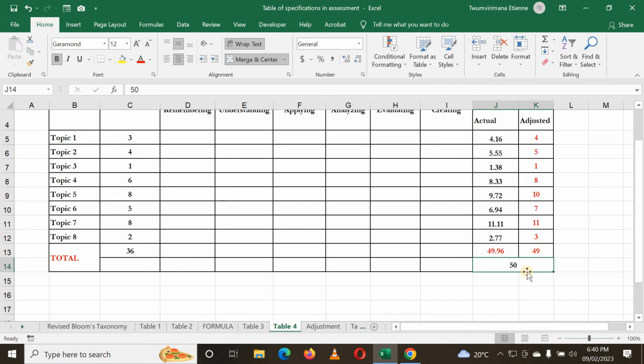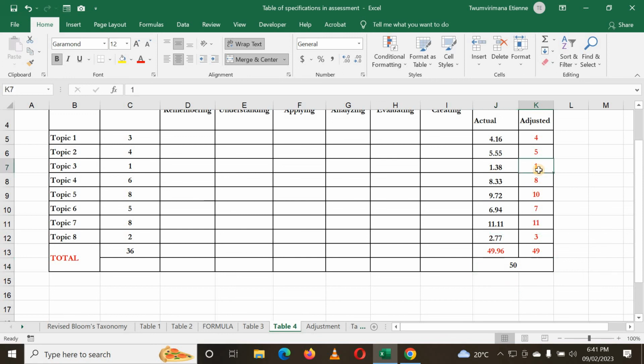What to do next? You just have to adjust. How to adjust? You can add questions to reach 50 if the total is less than the number you have posed, or you can subtract a question if the number is greater than 50. Using your experience, you can find where to add or subtract a question.